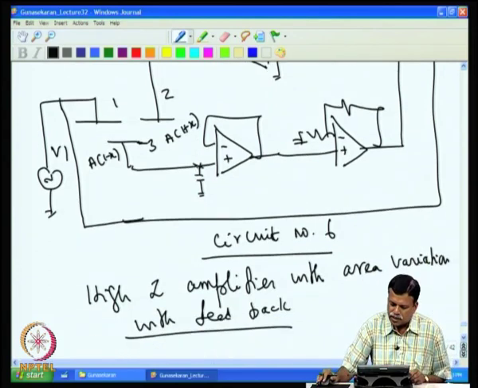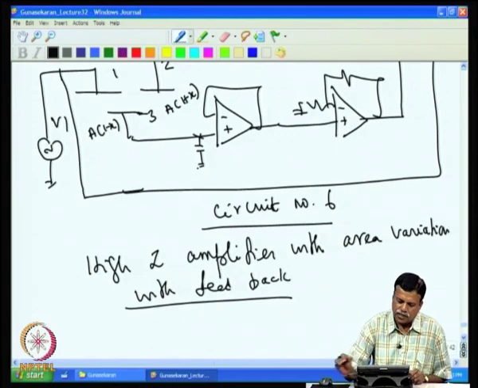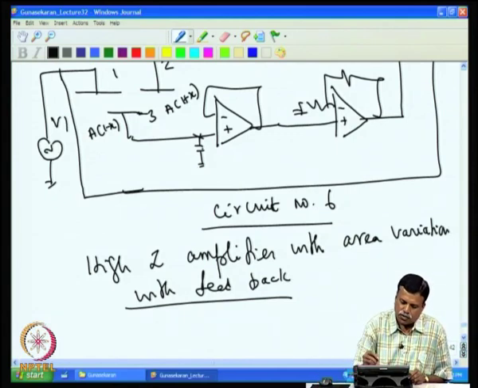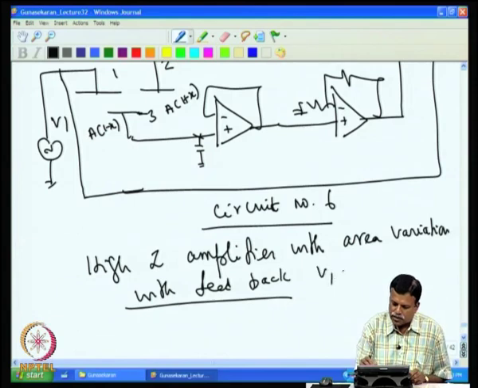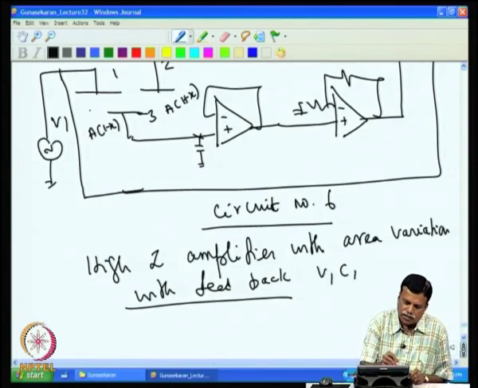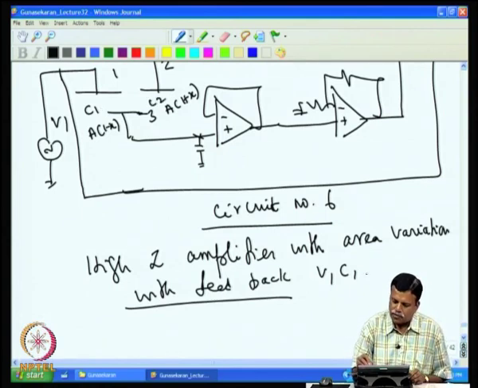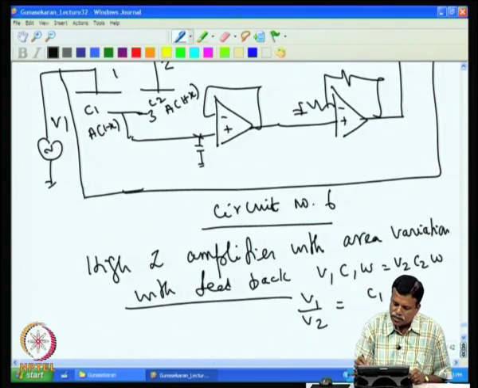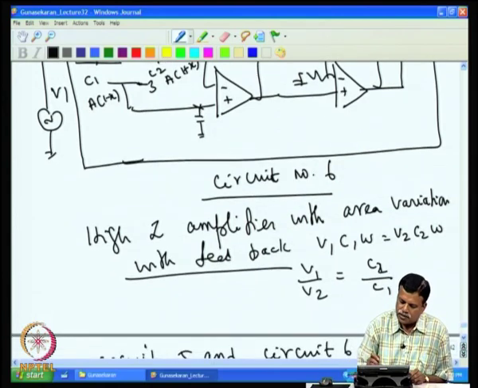So, if you again write the equation for the current, one current will be V1 C1 omega, if I take this as C1 capacitor and this as C2 capacitor, then V1 C1 omega will be equal to V2 C2 omega. So, again we will get V1 by V2 as C2 by C1. Then C2 can be written in terms of area.